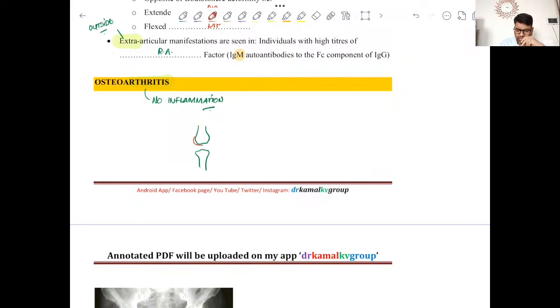Here we have the articular cartilage, which is of the hyaline variety, and it degenerates either primarily or because of some infection or a mismanaged intra-articular fracture.